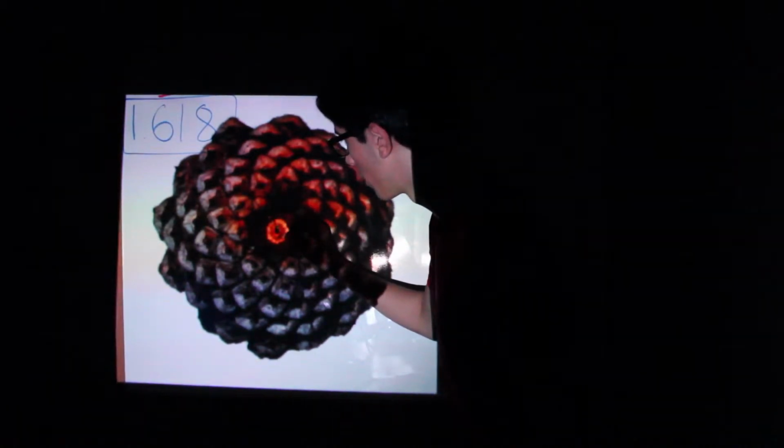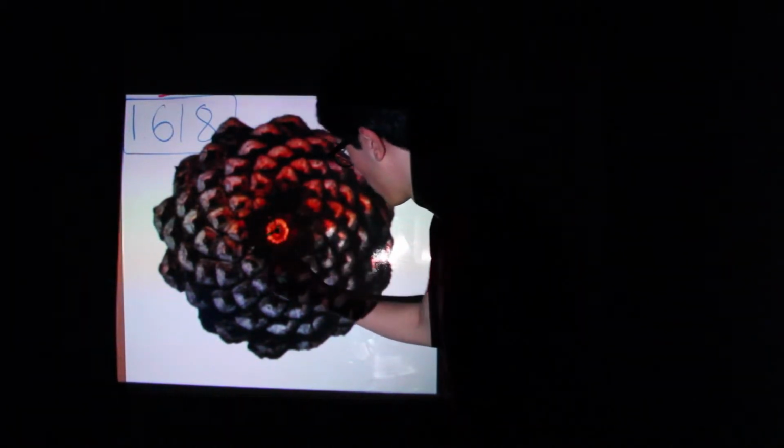Now, a pine cone both has counterclockwise and clockwise spirals. So it turns out in this particular pine cone, if you start from the center, there are fewer counterclockwise spirals than clockwise spirals. So those are some examples.